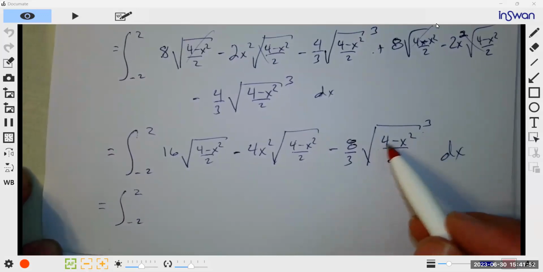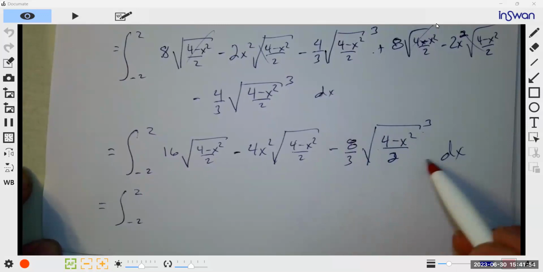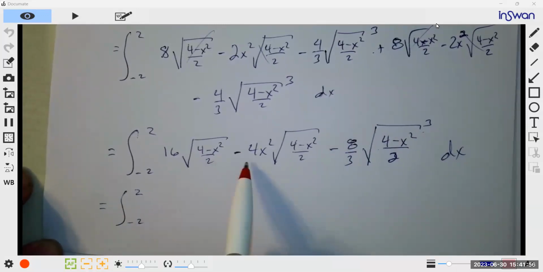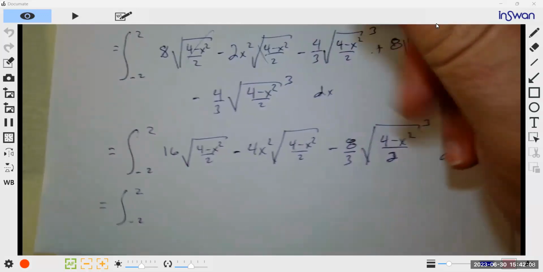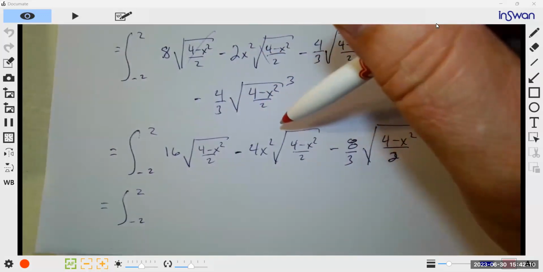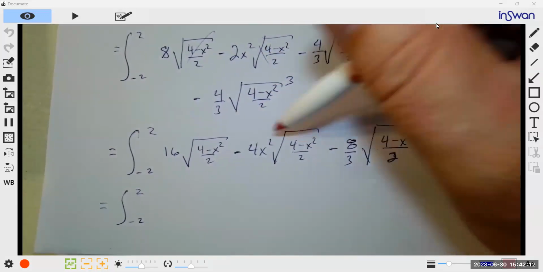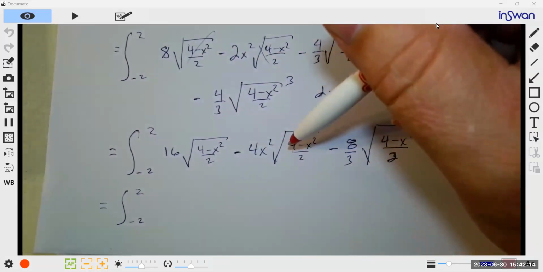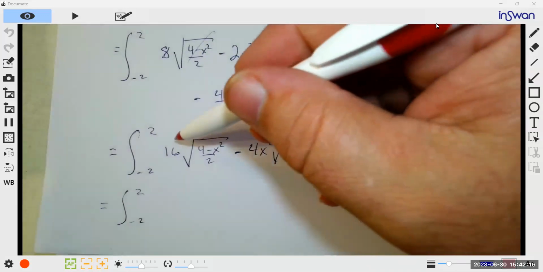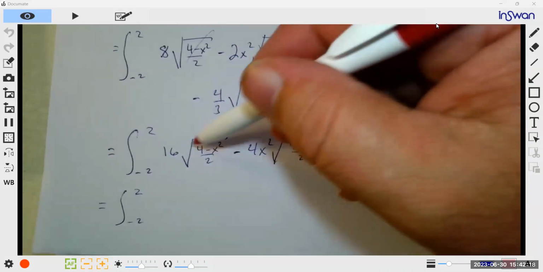This is going to be its own equation. It will be 16 minus 4x squared times that.